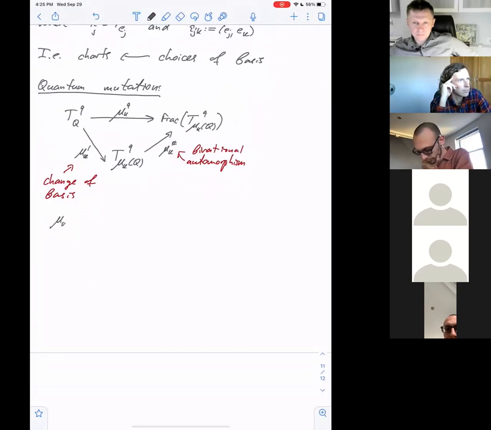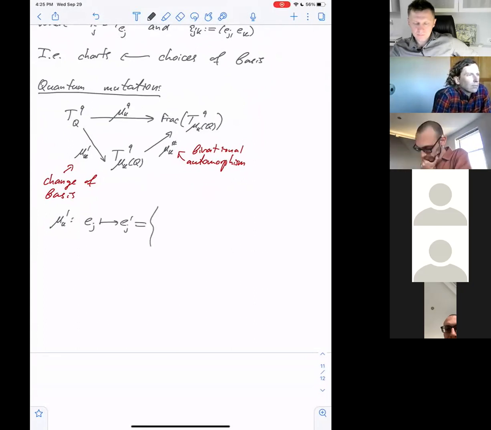So what's mu_k prime? Well, the rule is as follows. e_j goes to e_j prime, which is minus e_k if j is equal to k, and e_j plus [epsilon_kj]_+ e_k if j is not equal to k.